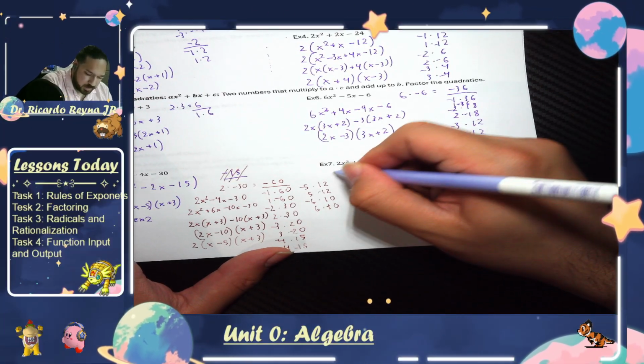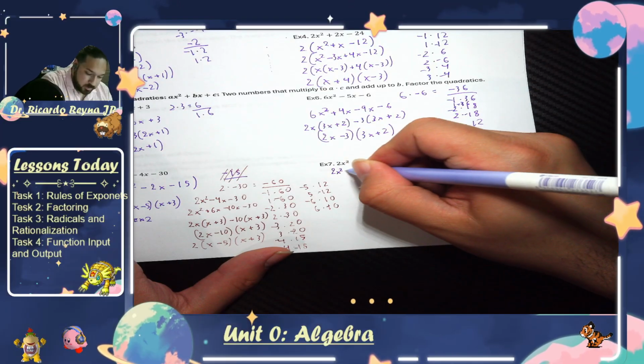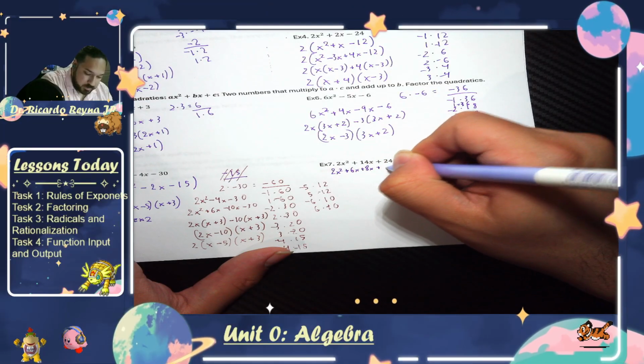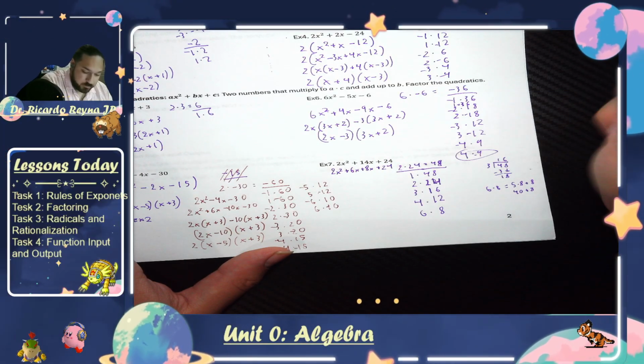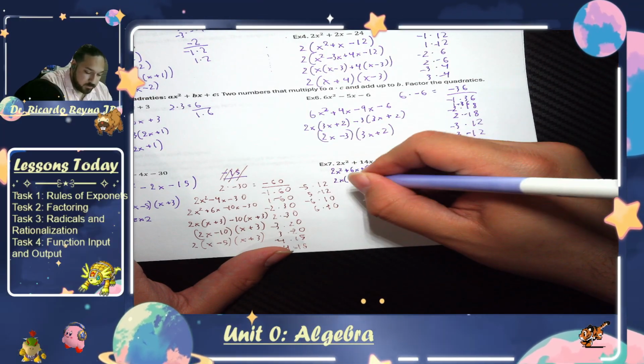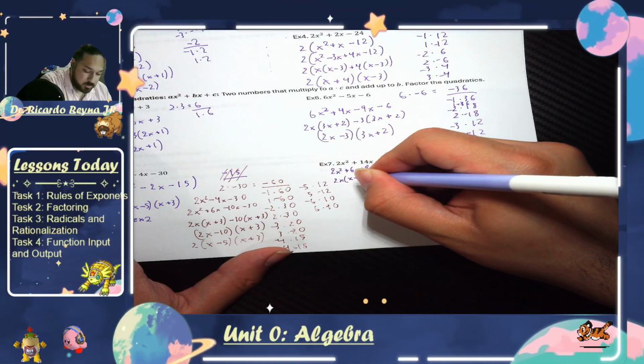Did I leave myself some space? Yeah, I did. 2x squared plus 6x plus 8x plus 24. And then I'm going to go ahead and do 2x out of the first guy to get x plus 3.